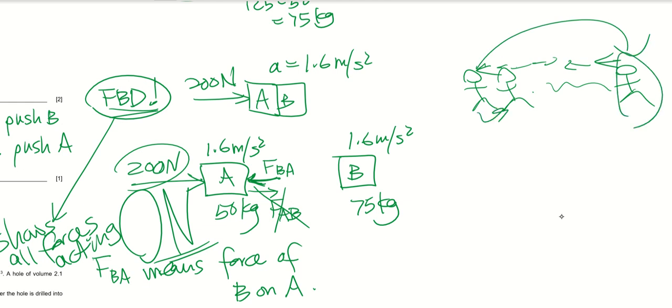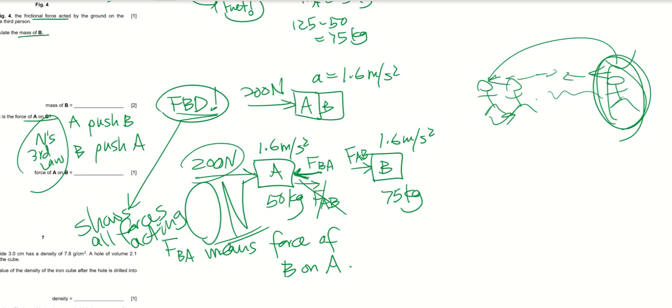No, you just turn around and say, hey, why did you push me? To the person behind you. So you wouldn't actually know who started the pushing. For B, you only know that A is acting on B. He doesn't know that the guy at the back is pushing with 200 Newton.